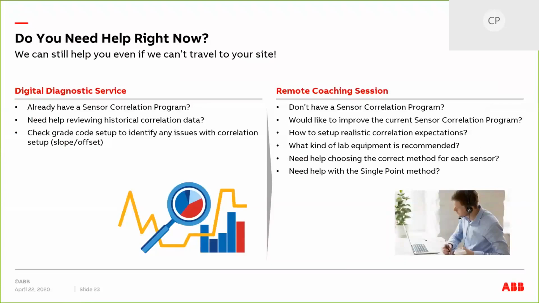What I'd like to see is them have the lab reading, the process value, the standard value, and the slope and the offset. Do you agree with that methodology? Absolutely, 100%. At the end of the day, we're really correlating between our standard value and the lab. Our goal is to have the process value matching the lab, but correlation is really between the standard and the lab.